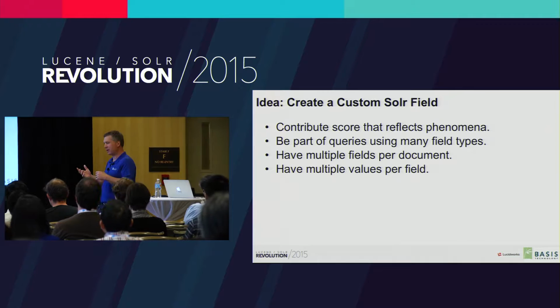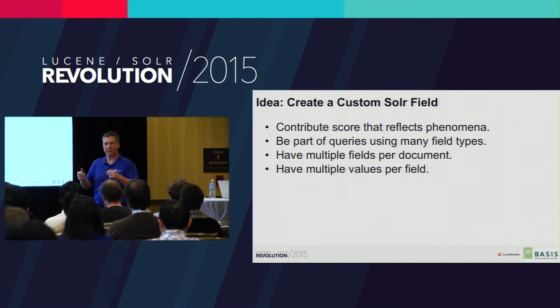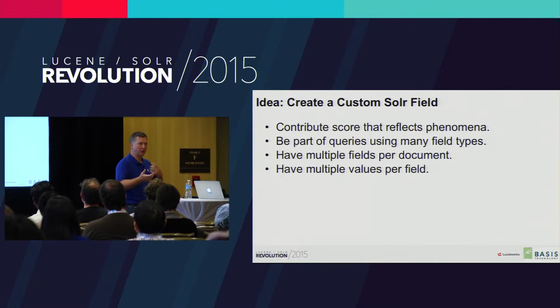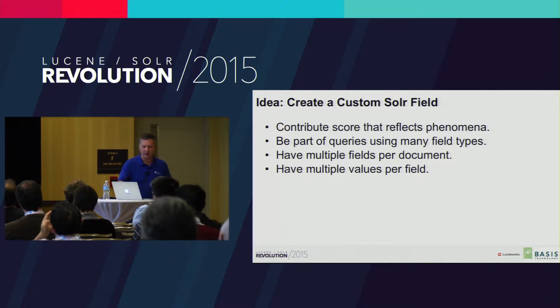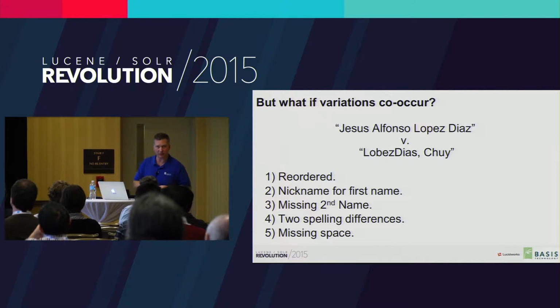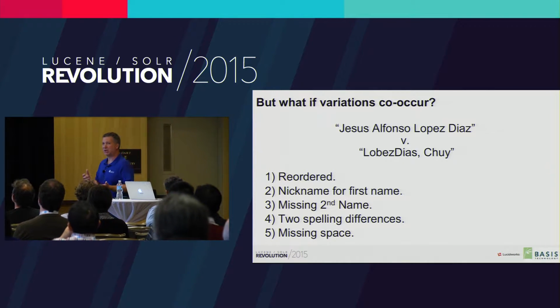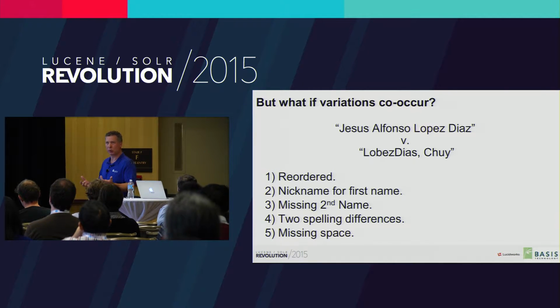Once you do that, well, now you could have one document that has a couple different names in it. You could have maybe the primary name and an AKA, and then your queries become a little simpler. So that's a step in the right direction, but it still has a number of challenges around it. What if the name you're matching on has multiple phenomenon in it? How do you combine those into a score?